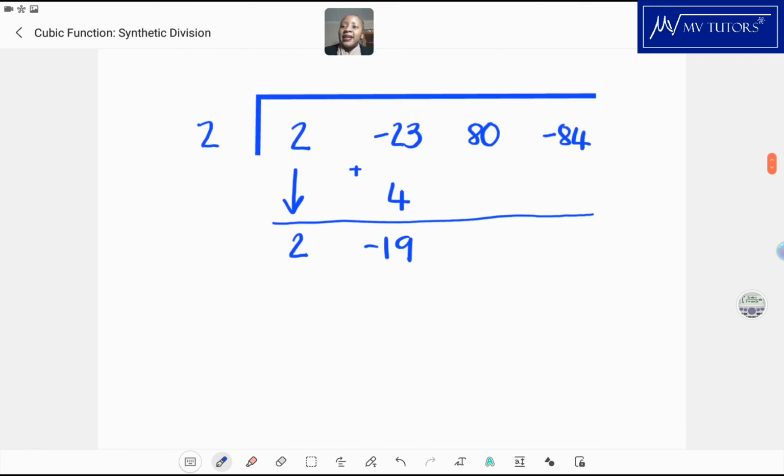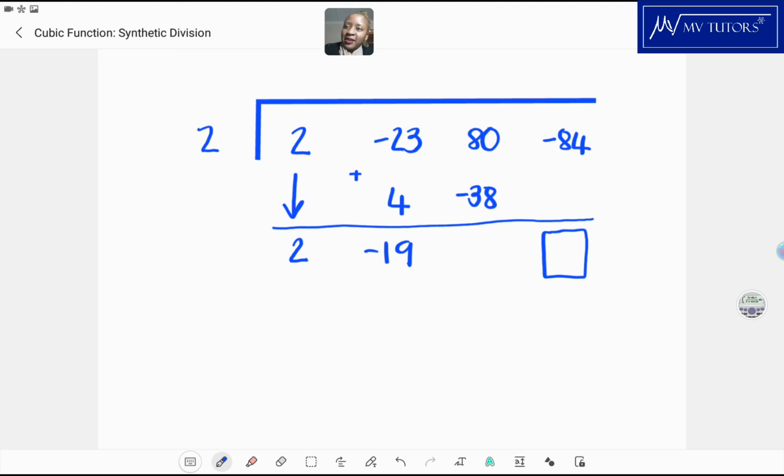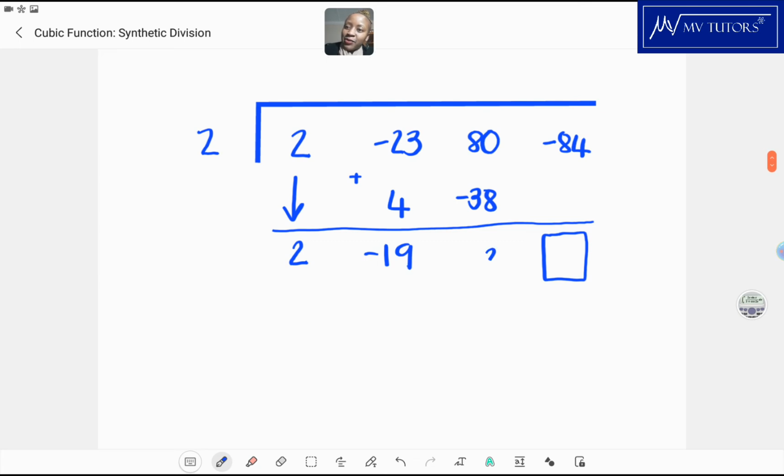Negative 19 times 2 is negative 38. Basically, guys, we're trying to get 0 here. If we don't get 0, we're in trouble. So 80 minus 38.